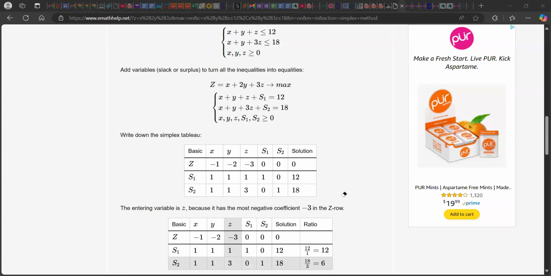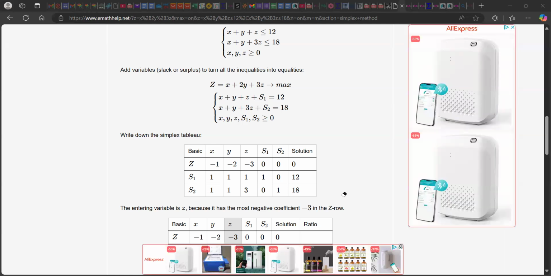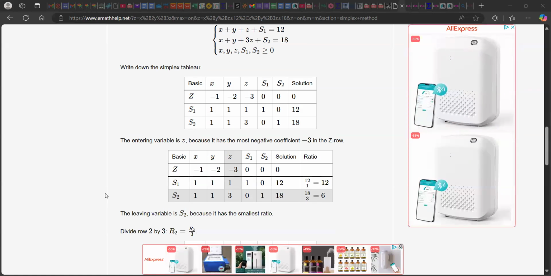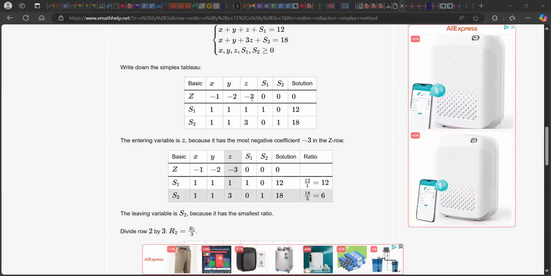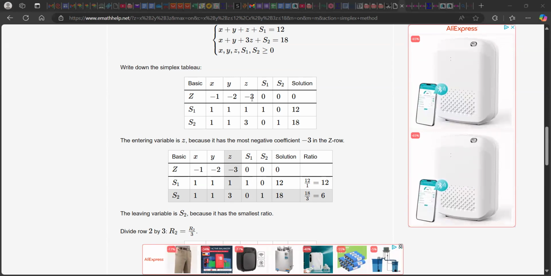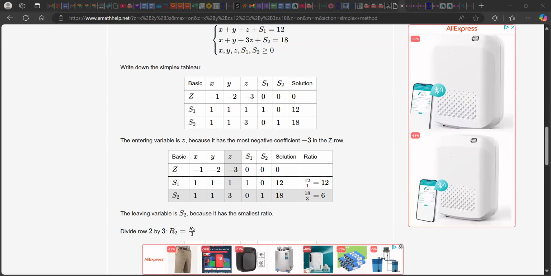Good. And now you start the process, right? And the process involves what? Well, you start by identifying what we call the pivot column. And how you identify that, you look for the, by the way, the calculator is going to do it all for you. I'm just walking you through the process because you need to know the process.